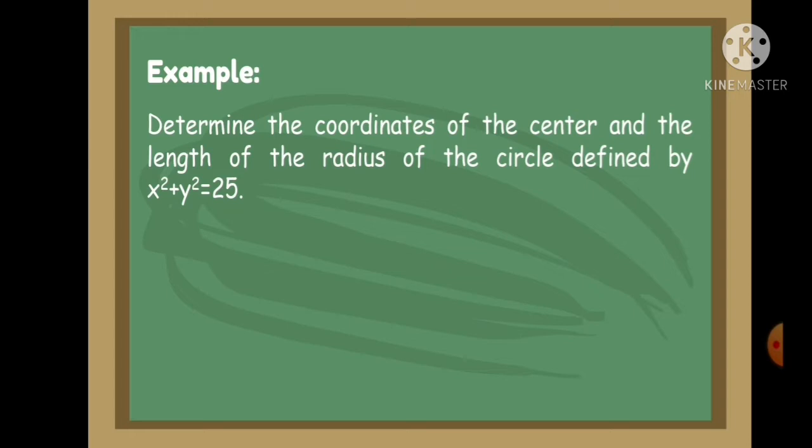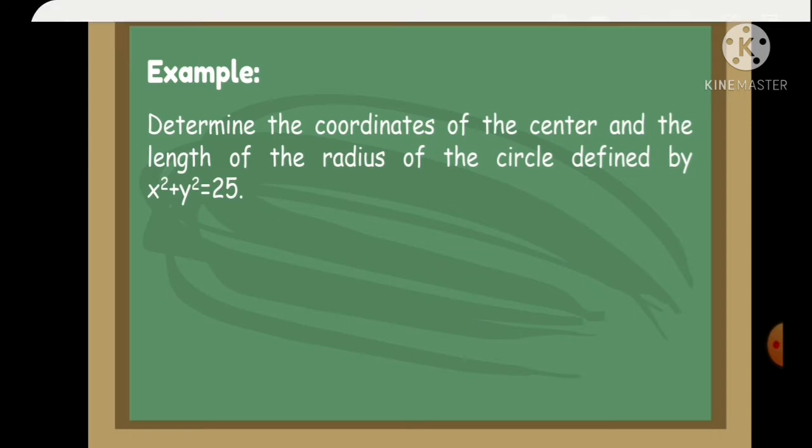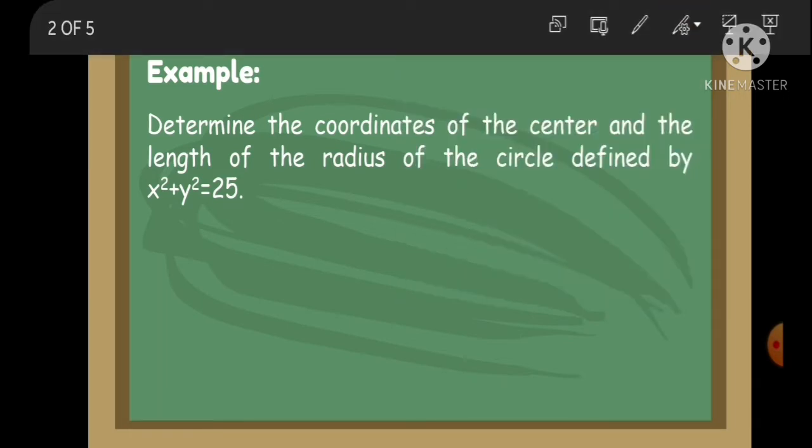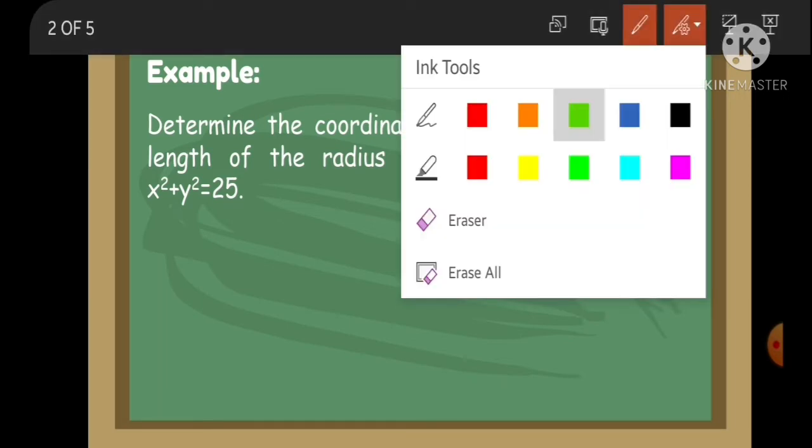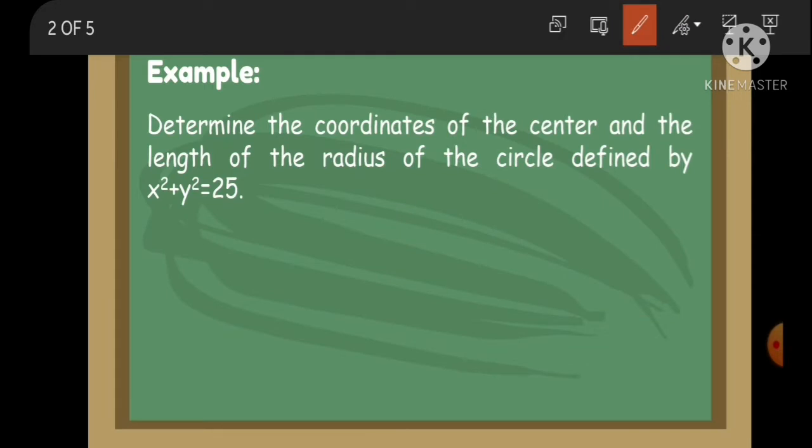Now, since there are no constants on the left side, that means our h is equal to 0, and k is also equal to 0.